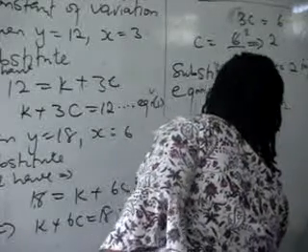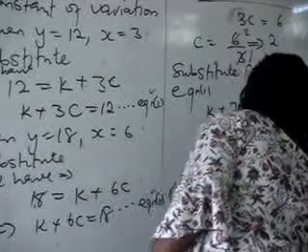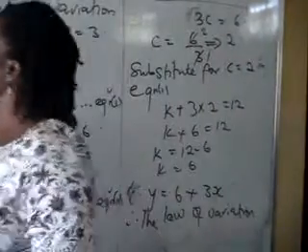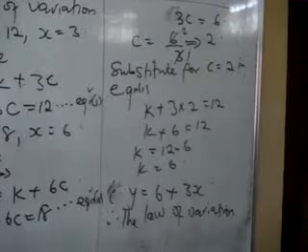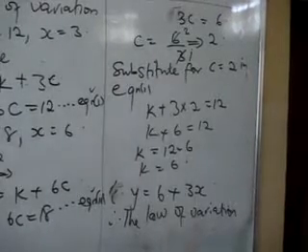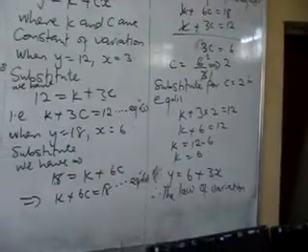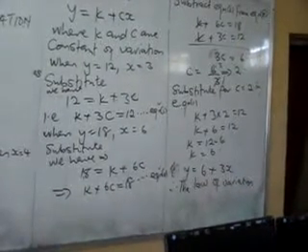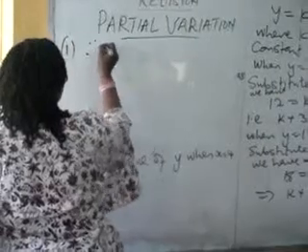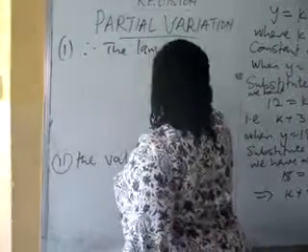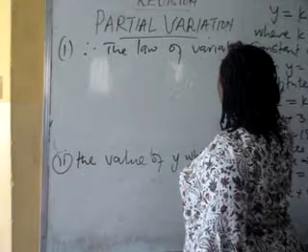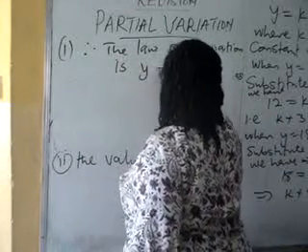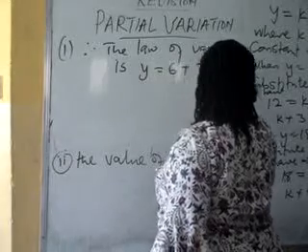Therefore, the law of variation, which we are asked to find, is y equals 6 plus 3x.